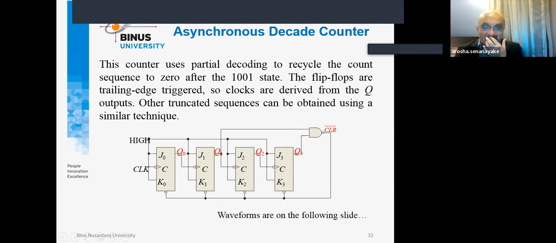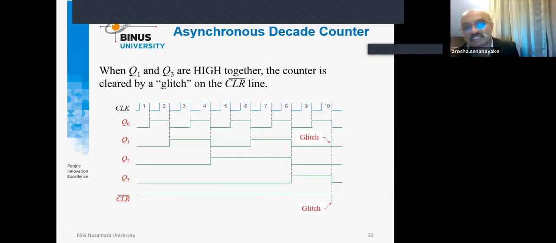So in that form, you can see that we have a reset during the 10th clock cycle. It is cleared so that it starts back from 0. So the clear signal in that way is very, very important.